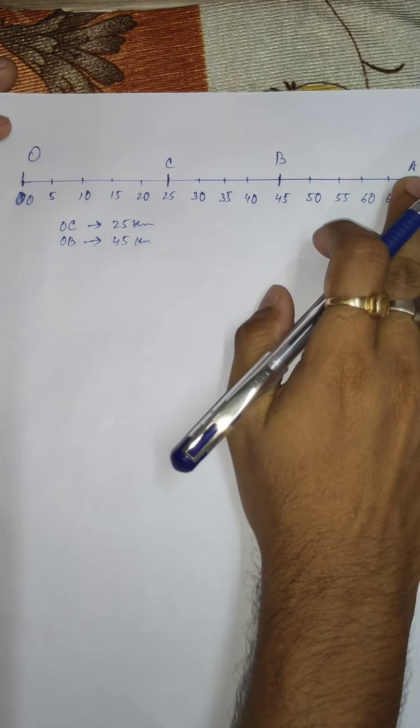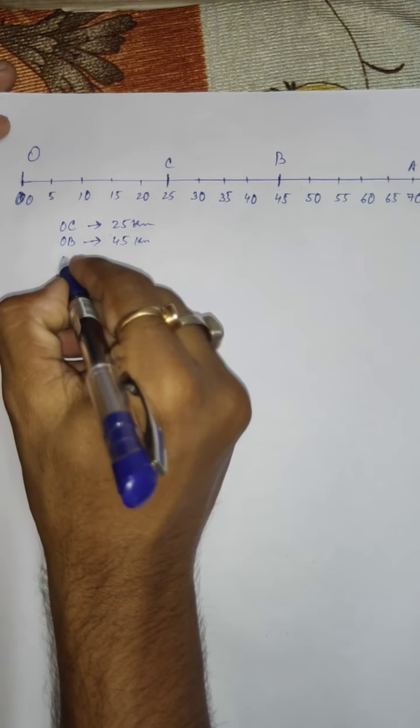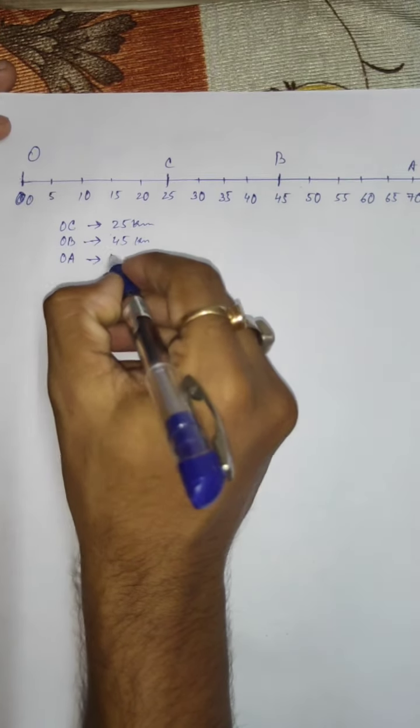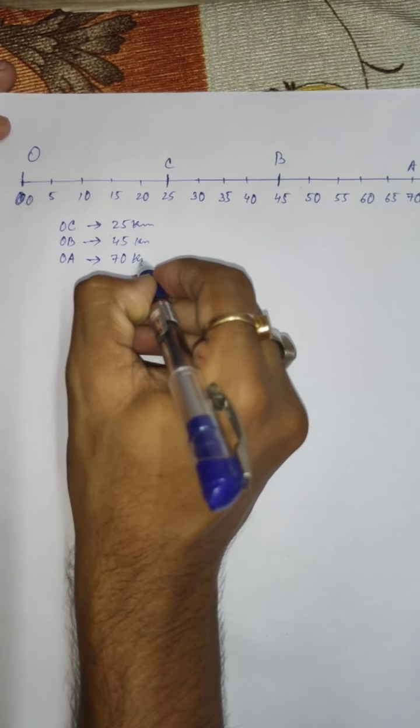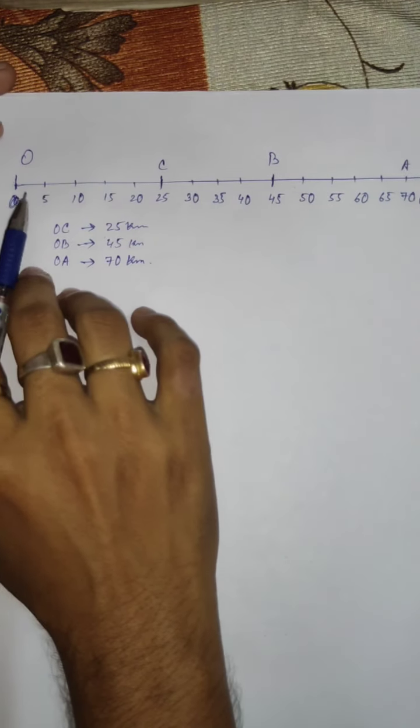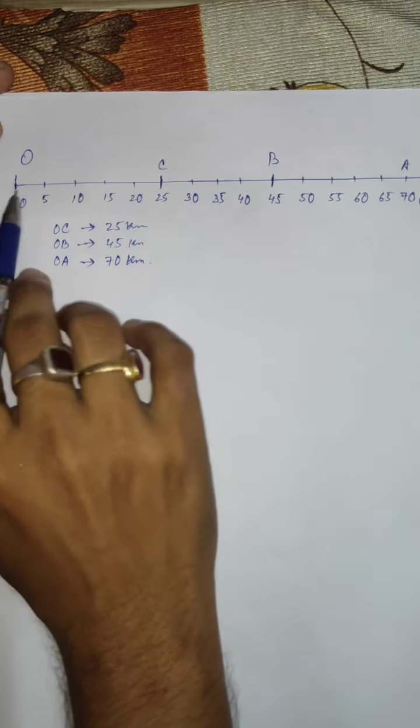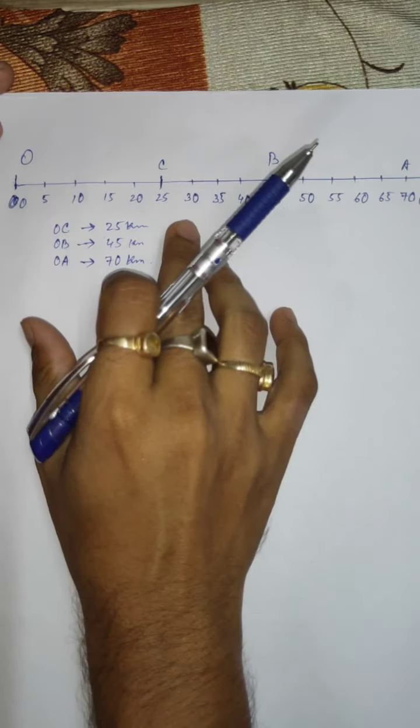And when it reaches A, then OA equals 70 kilometers. So when an object starts from O, reaches C, travels 25 kilometers, then B, and then A, it has traveled a total distance of 70 kilometers.